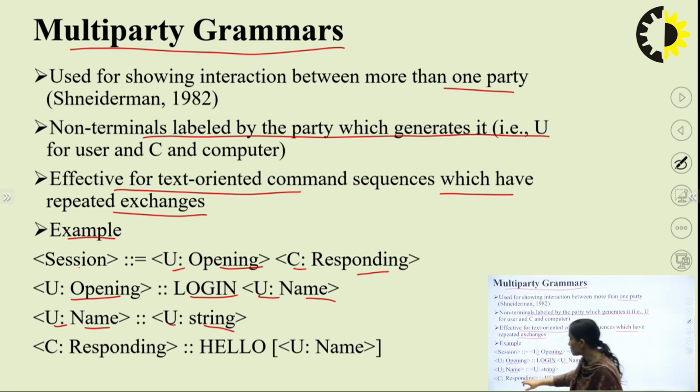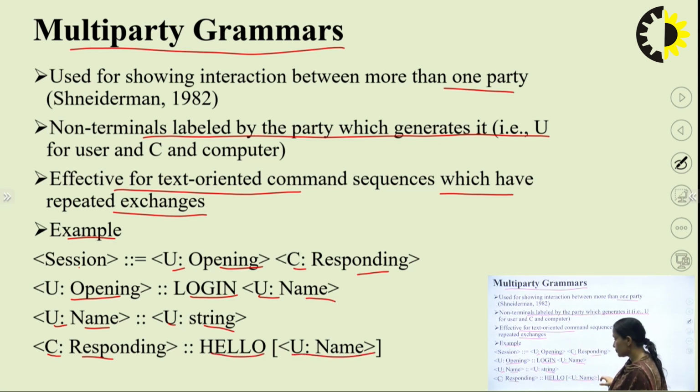Now it is the turn of the computer. So the computer starts responding and says hello, and the username. So in this way we can see it is an example of a multi-party grammar because both parties are interacting. The user is giving input and according to that input the system is responding.